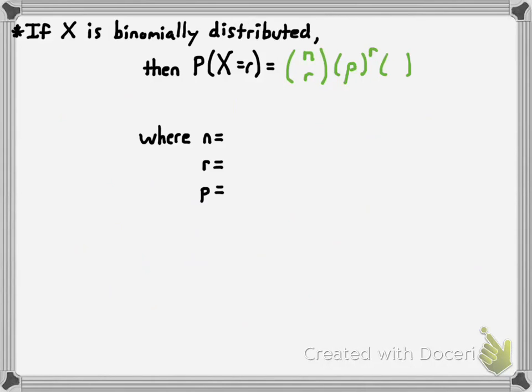And so that would be n minus r. Now, I'm going to need to do one more thing here. Also, the probability of failure would have to be 1 minus the probability of success, wouldn't it? All right. Now, in this instance, we already said n is the number of trials, r is the number of successes, and p is the probability of success.